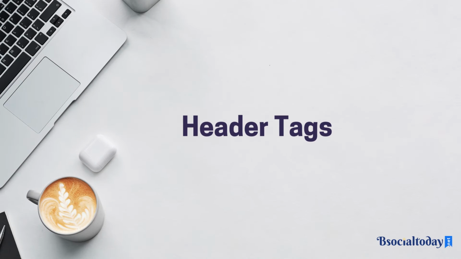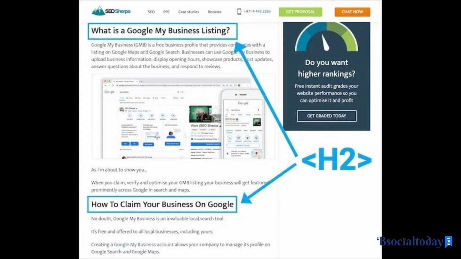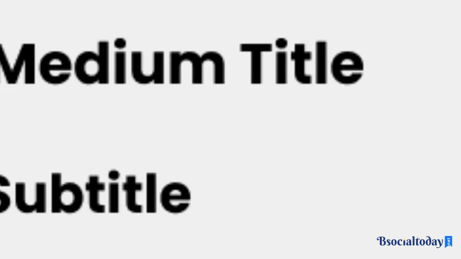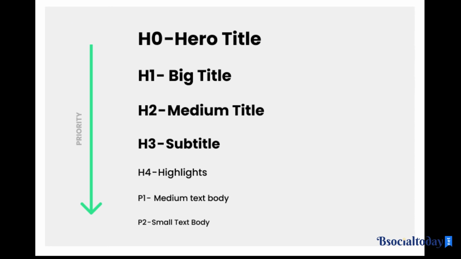Header tags. The second most important header is the H2. This is the title of the page, and it is often a summary of the content. The next level down is the H3, which is usually a short subheading that summarizes the content of the H2. H4s are used to provide more specific information about a section of the page.